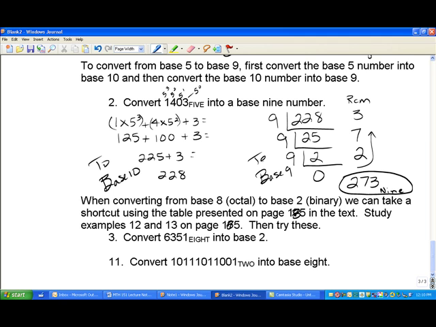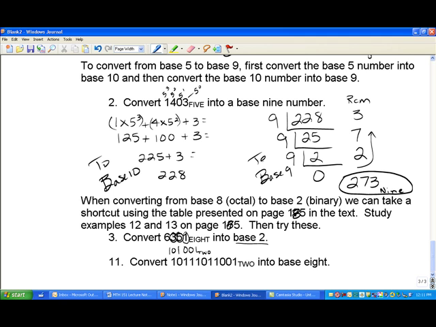Basically, here we have a base 8 number. The equivalent of 1 is 1, but we have to represent each number with 3 digits as we go to base 2, so that would be 001. My next number over is a 5. I look to see what is the 3-digit representation of 5. It's 101. Now I move left to the 3.